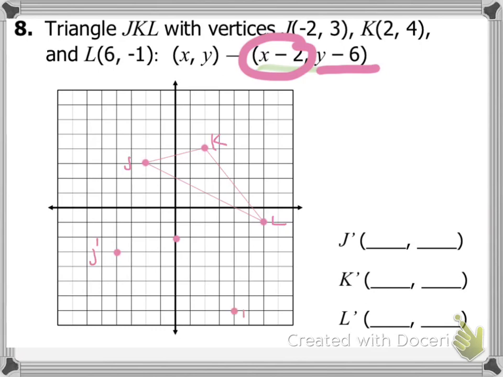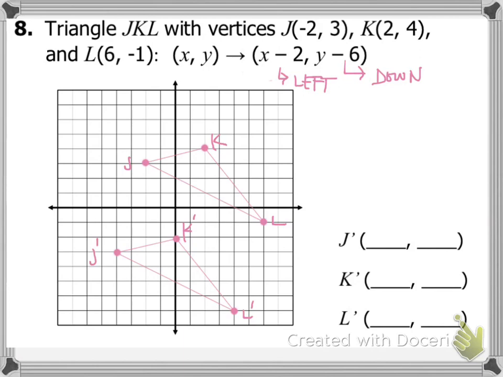So there is your L prime and your K prime. Okay? So this number means to the left, and this means down.